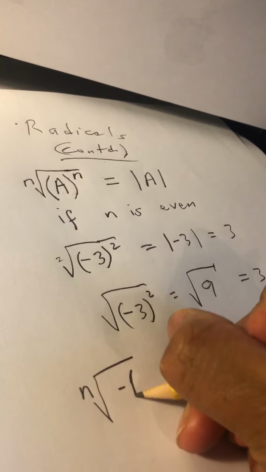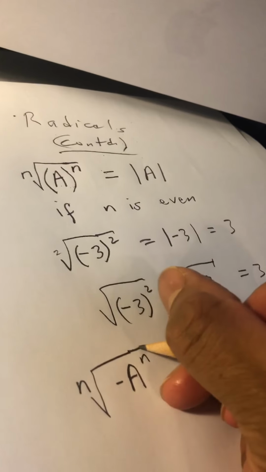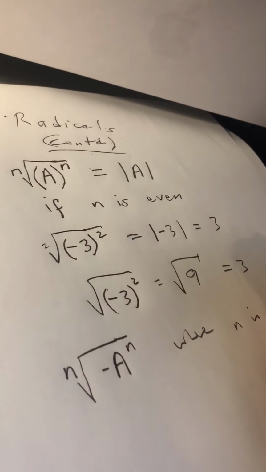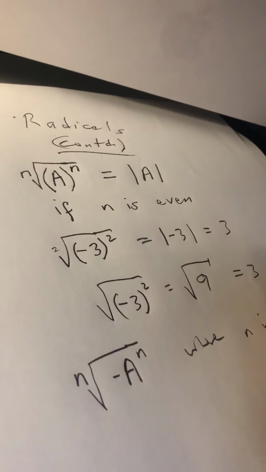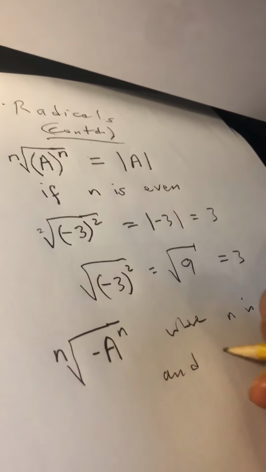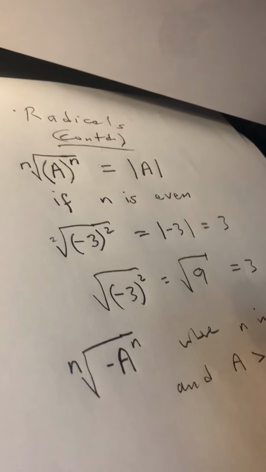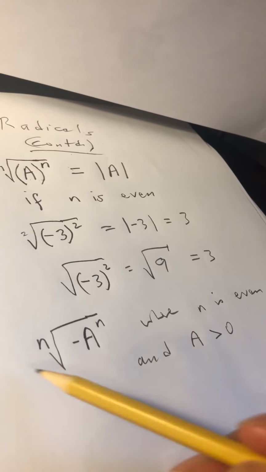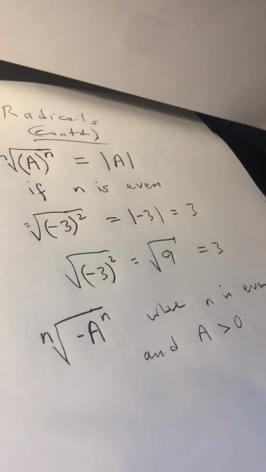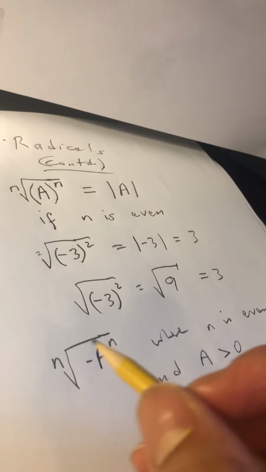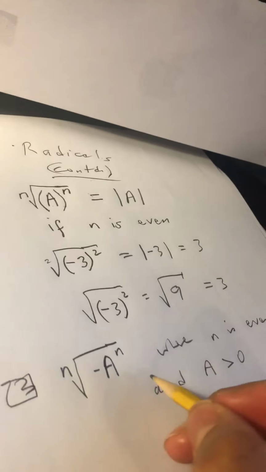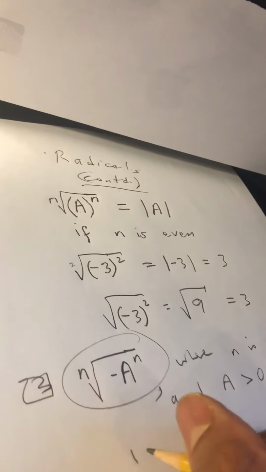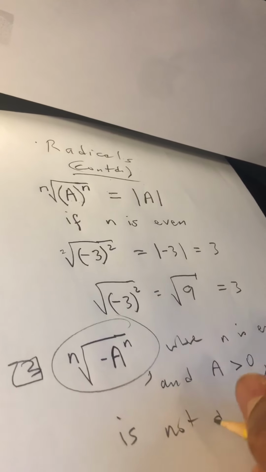Let's suppose I have negative a to the n, where n is even and a is greater than 0. In other words, just take some number a, and then take the opposite of it and try to take the nth root of negative a to the n. If that's the case, then this thing here is not a real number.